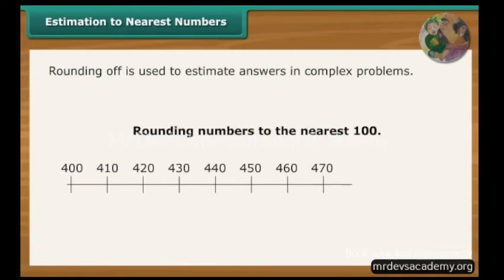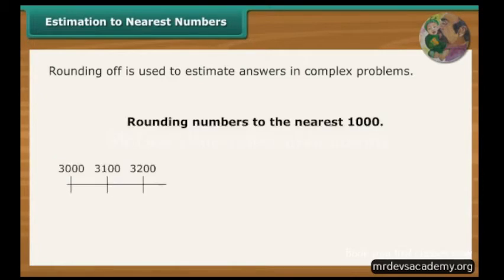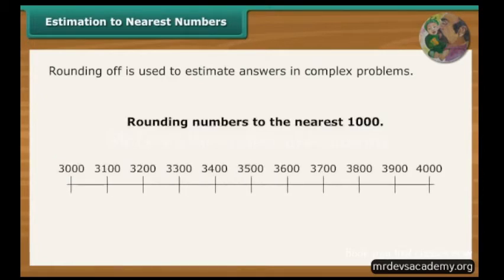Rounding to the nearest 100 means finding which 100 they are nearest to. For example, 423 rounded to the nearest 100 is 400. Rounding to the nearest 1000 means finding which 1000 they are nearest to. For example, 3800 rounded to the nearest 1000 is 4000.